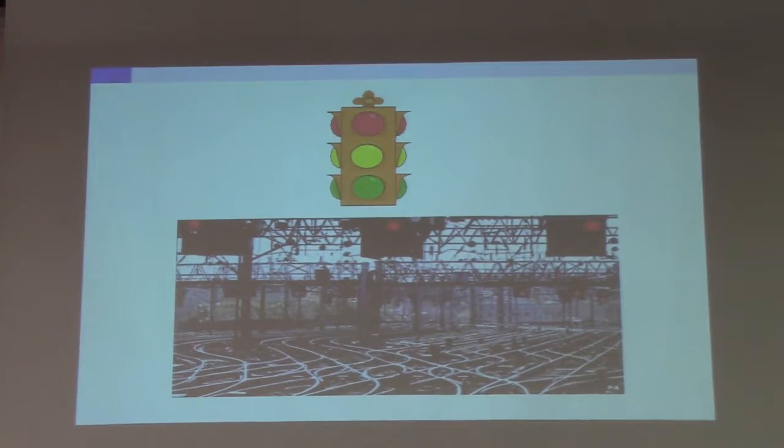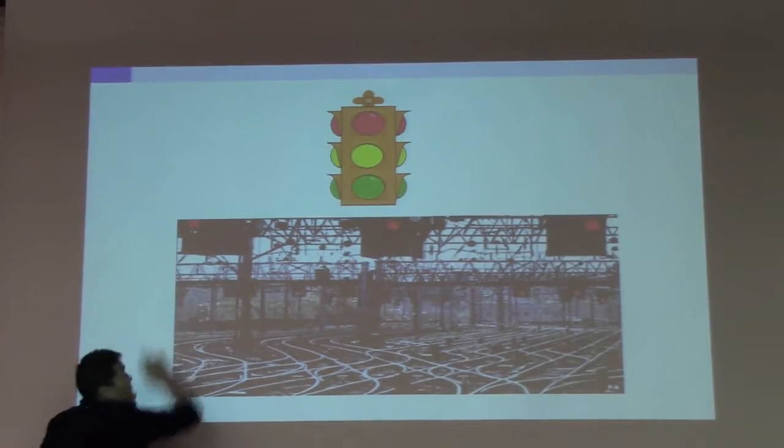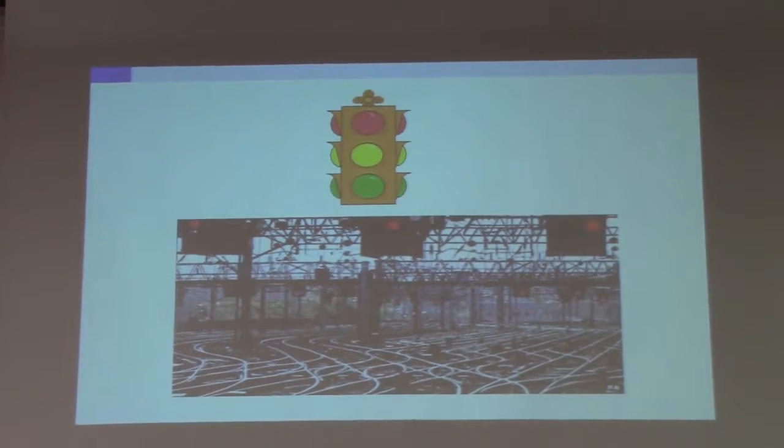How do you avoid collisions from different trains on different tracks? Well, you use semaphore, right? So these guys are called semaphores. In the context of a train station, they do not call them traffic lights, right? Of course, you can still understand them as traffic lights, but essentially that's semaphore.